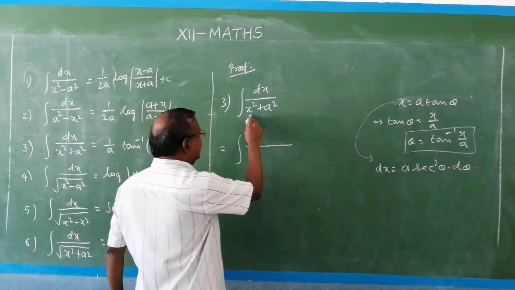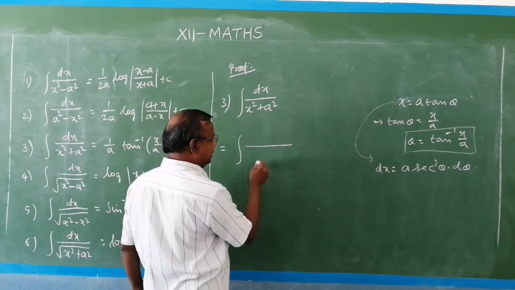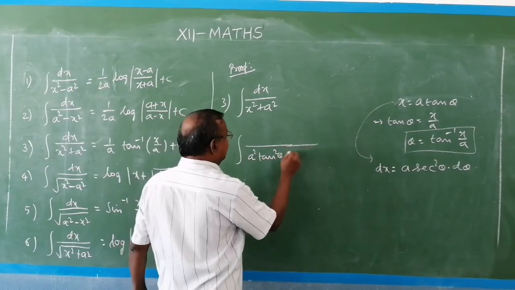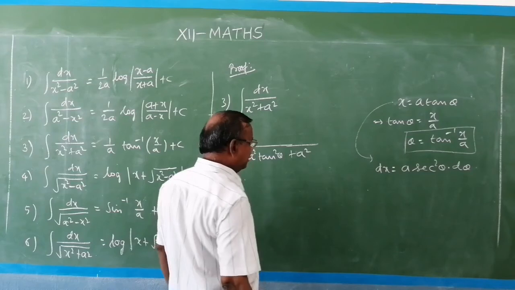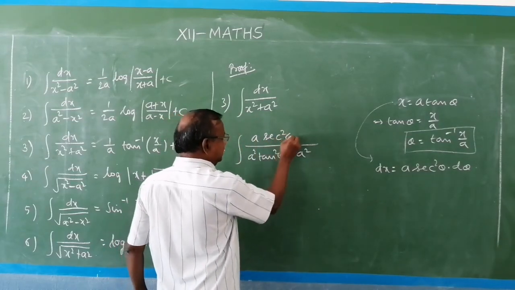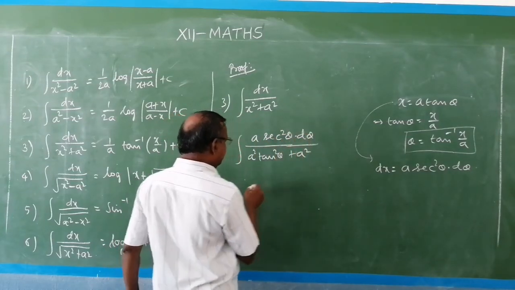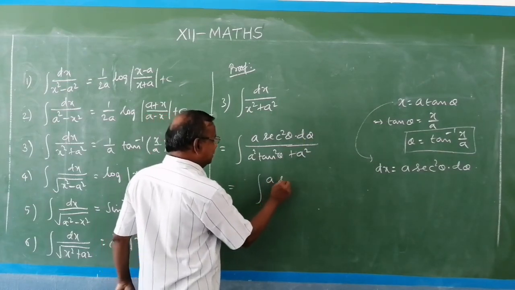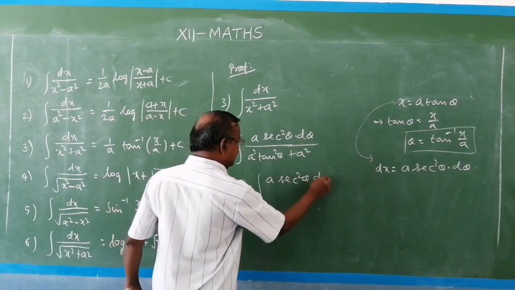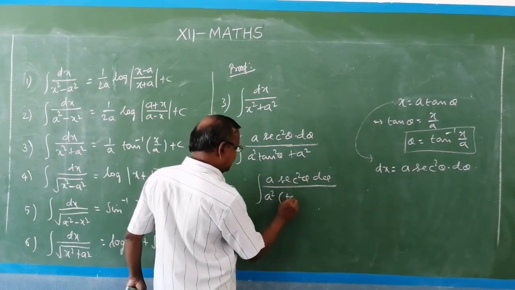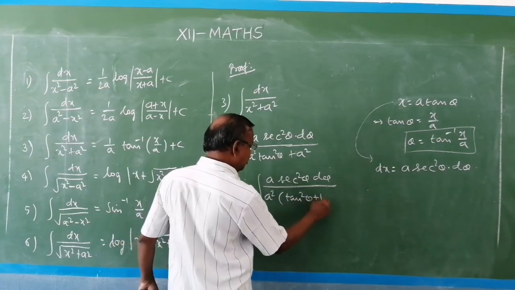For this, x square plus a square means x square equal to a square tan square theta plus a square. In the numerator, instead of dx we put a into secant square theta into d theta. This is integral a into secant square theta into d theta divided by a square into tan square theta plus 1.